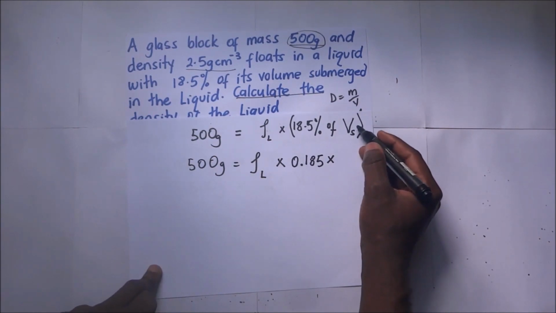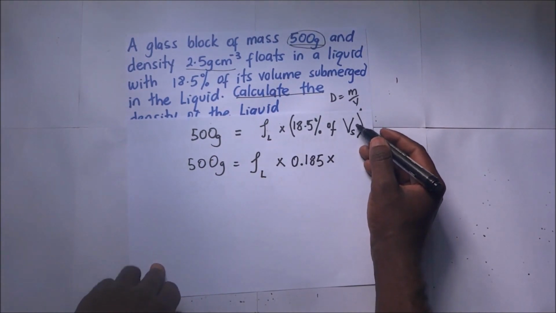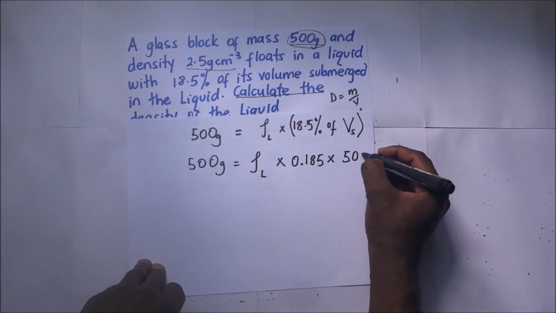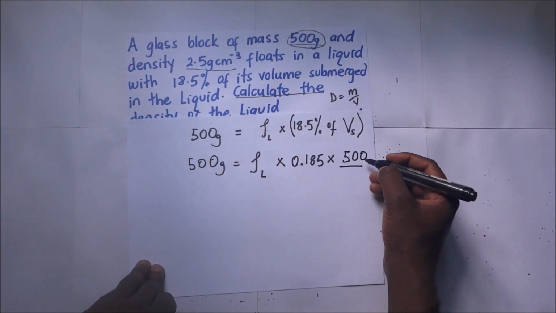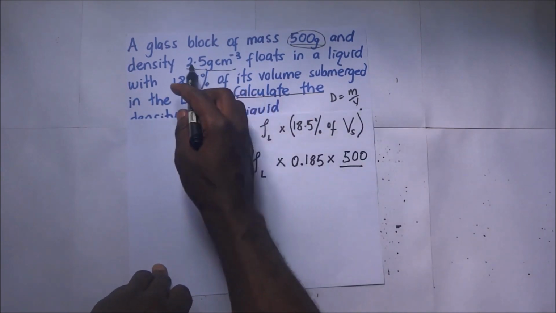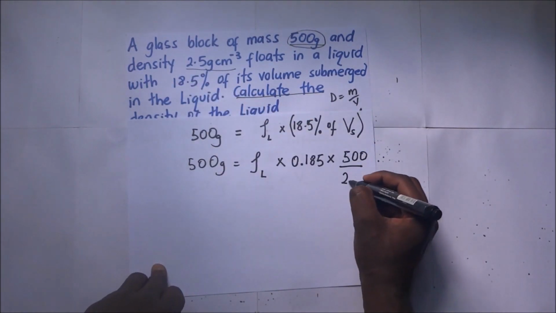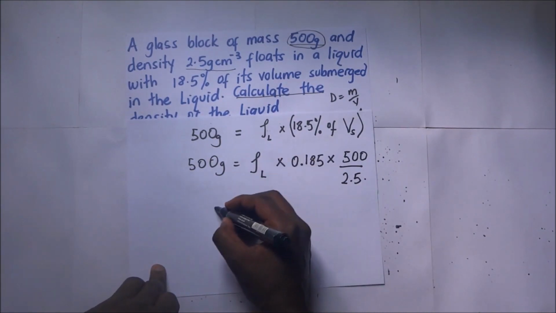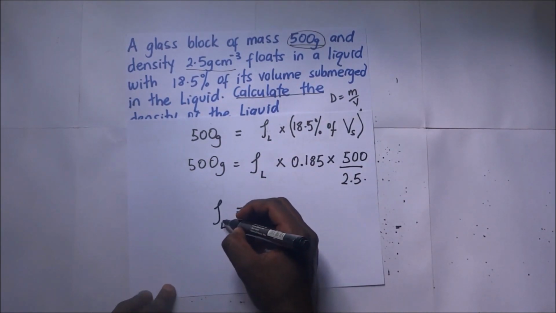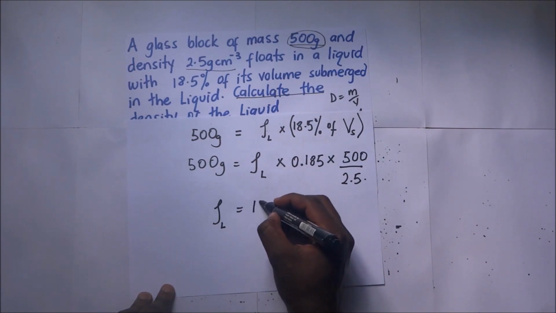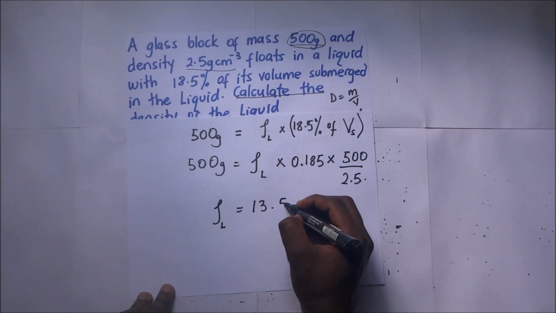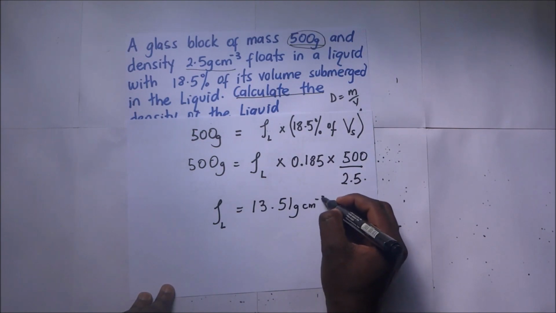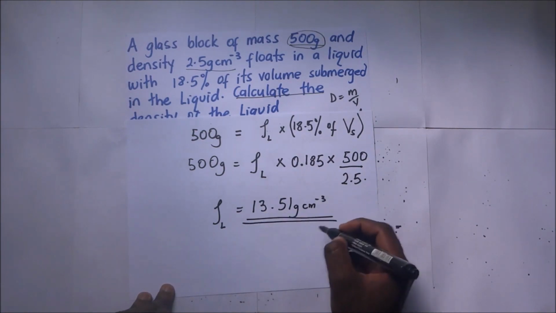The volume of the solid is given by the mass of the solid, 500 grams, divided by the density of the solid, which is 2.5 grams per cc. When we make the density of the liquid the subject of the formula, we end up with 13.51 grams per centimeter cubed. And this is the density of the liquid.